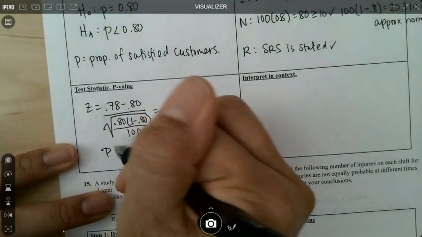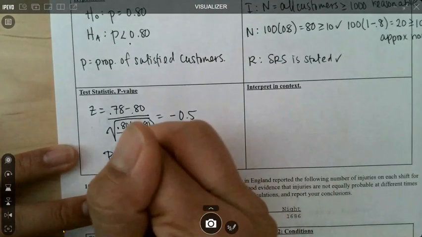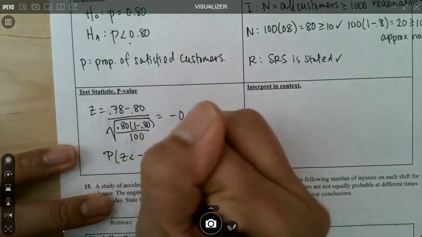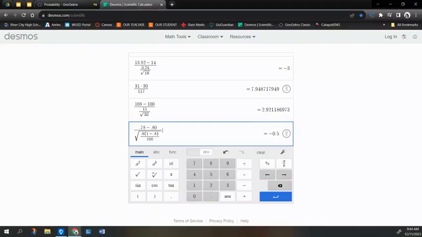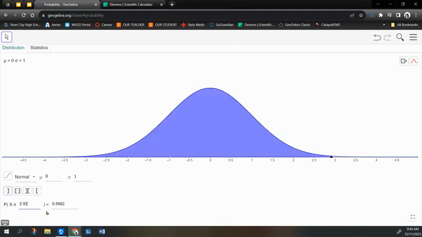To find the p-value, since HA says less than, we're looking for less than negative 0.5. So normal distribution, since it's z, we're looking for less than negative 0.5, so 0.3085.